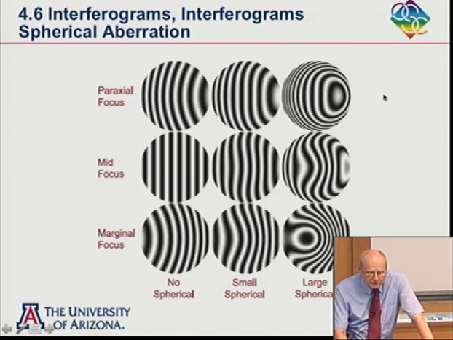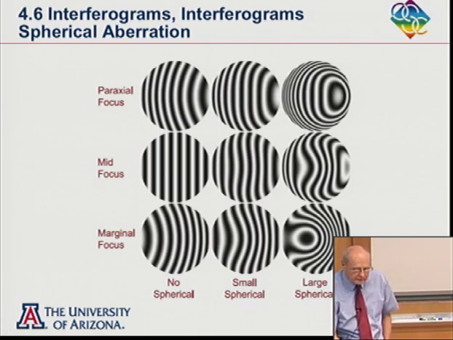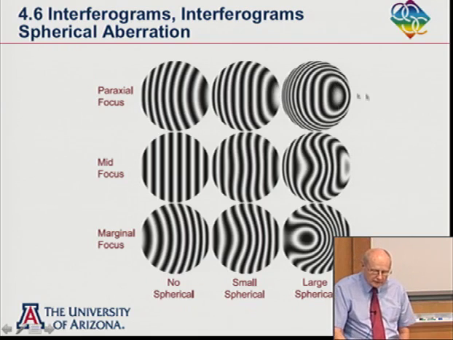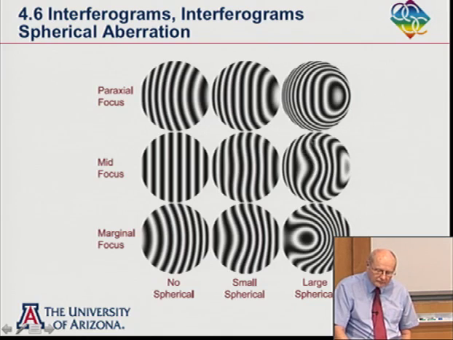Now, if I change the separation between the mirror and the diverger lens, I might get something like that. And that's where, for this region right here, the fringes go out and then they turn back. So that's where now the center of curvature of this portion of the mirror is at the focus of the diverger lens.